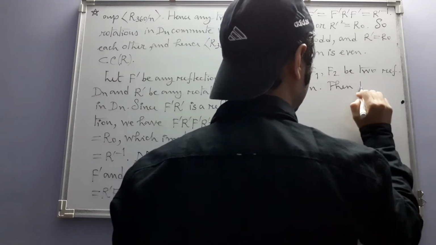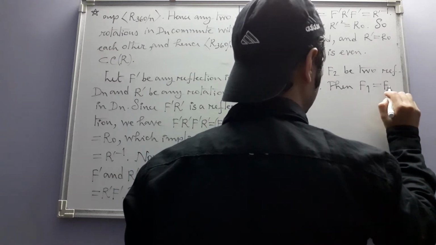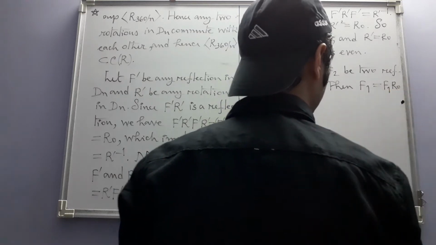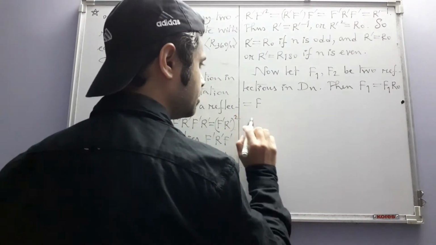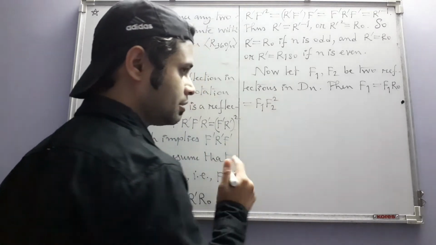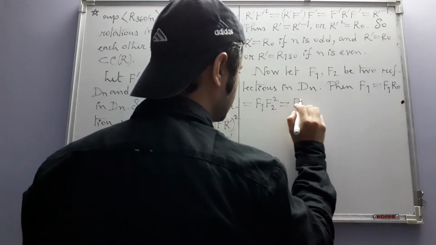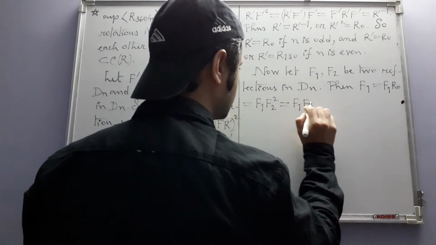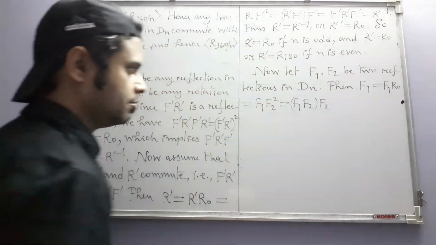Then F1 can be written as F1 R naught. In place of R naught, we can write F2 square, because F2 is a reflection, so its square is identity. So that is equal to F1 F2 F2.